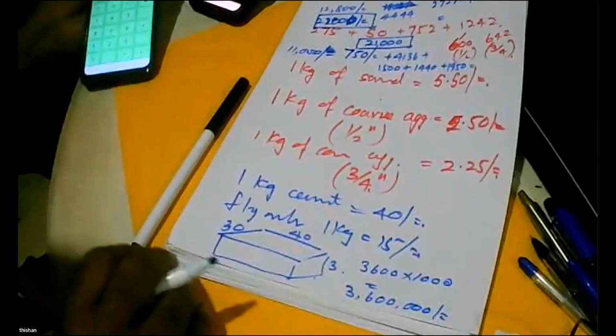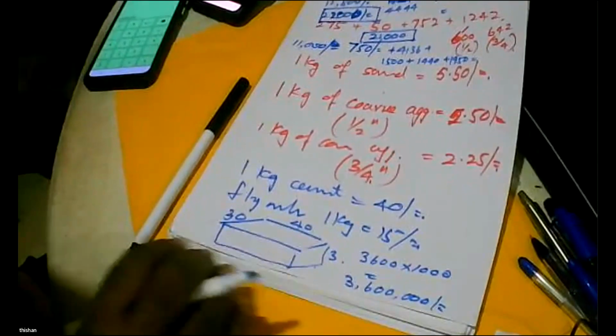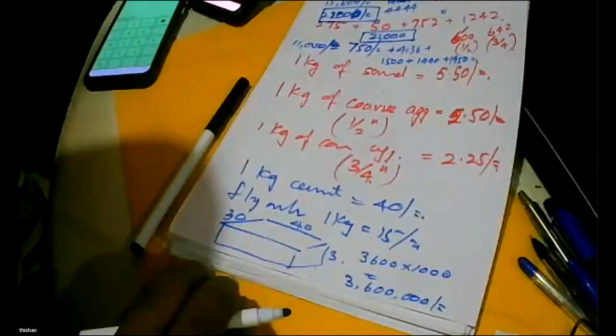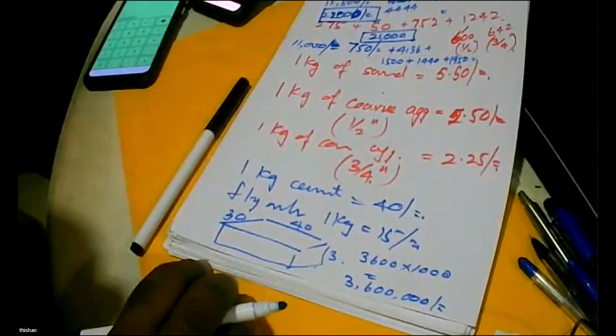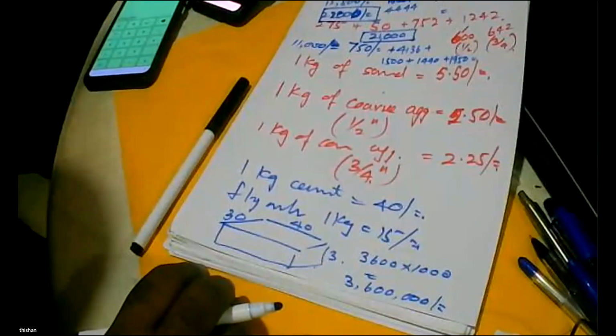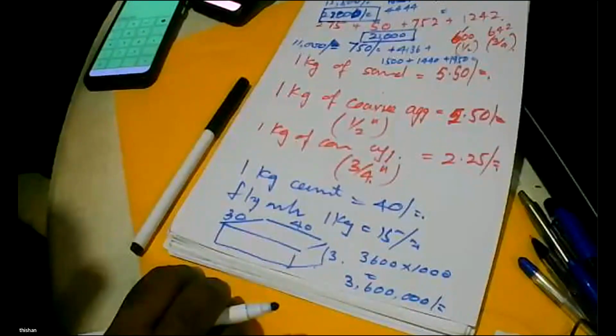By doing nothing. Just by getting the mix right, you save 3.6 million on the foundation. And that's how you show your colors.